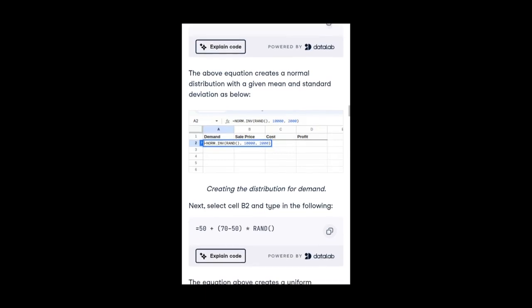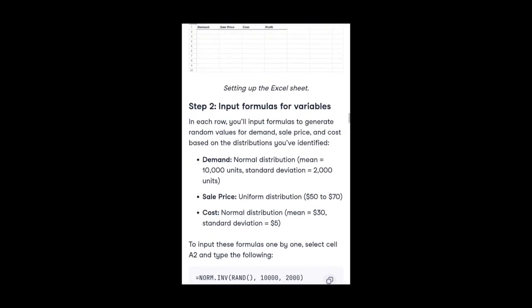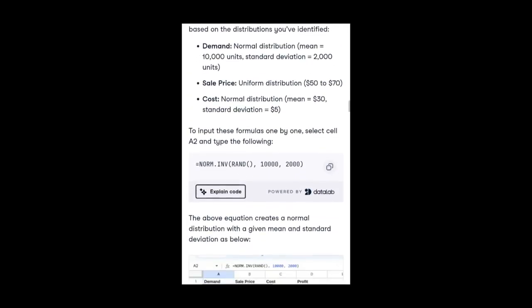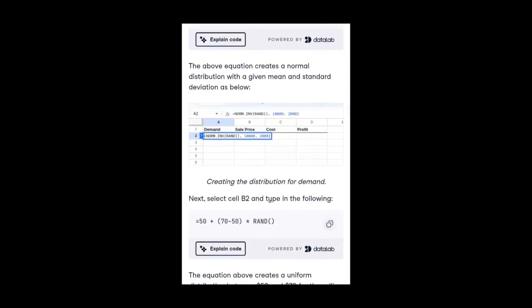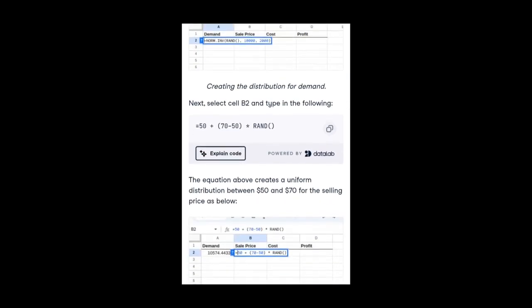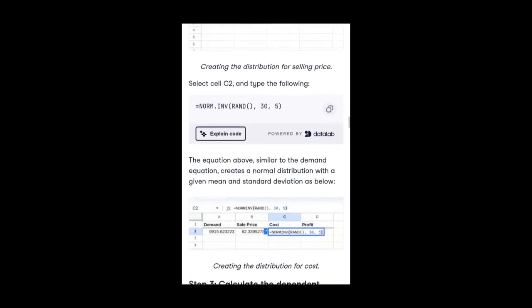So for creating a normal distribution we are using the function NORM.INV. This particular syntax we must follow in the Excel sheet. RAND is for random variables and NORM.INV is for normal distribution. This particular syntax we have to remember. So we have to create columns first and give the data, then give formulas for creating the normal distribution.